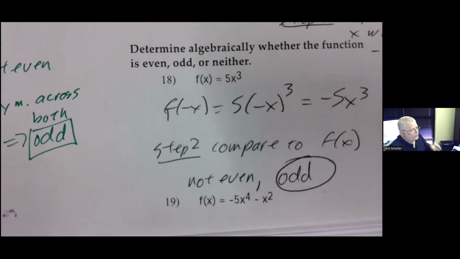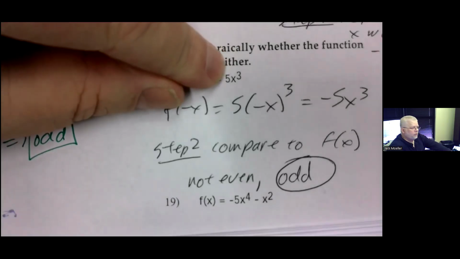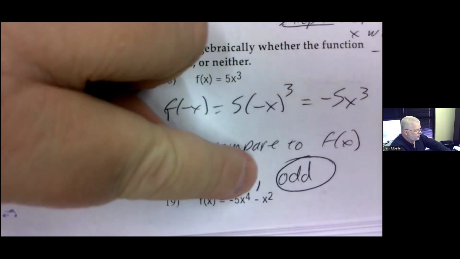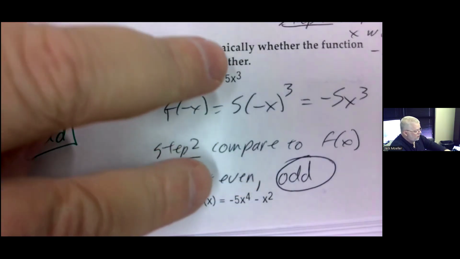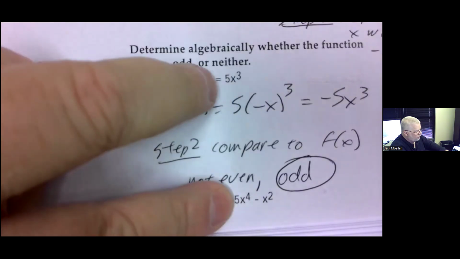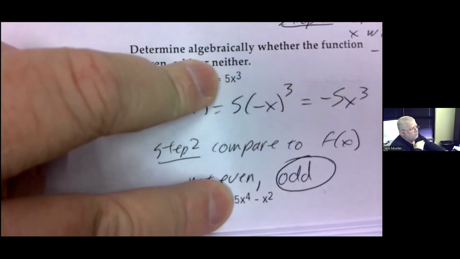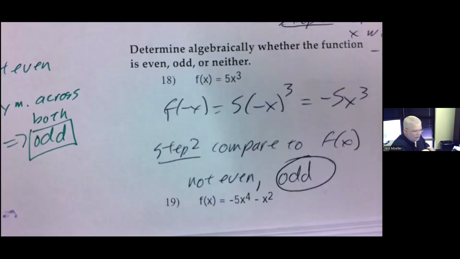You're close, but you have to be careful with this shortcut because what if you have a constant? As long as you have nothing but x's, you can actually go by the exponents. If all your exponents are odd on your x's and you have no constants, it's an odd function. If you have no constants and all your exponents are even, you have an even function. If you have a mix, like an x to the fourth and x cubed, it's automatically neither. But you have to be careful if you have a constant.